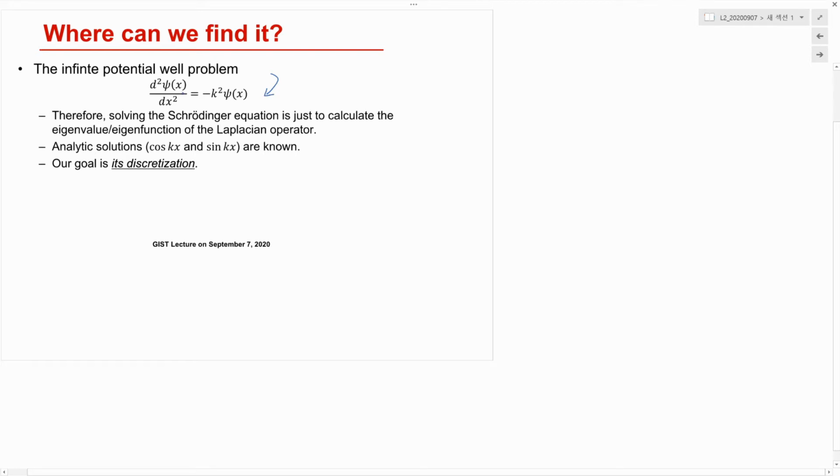Here we have a certain function, and when we take the second order derivative of this function, it generates the original function once again, with a certain eigenvalue. Here the eigenvalue is minus k squared and the eigenvector is psi.